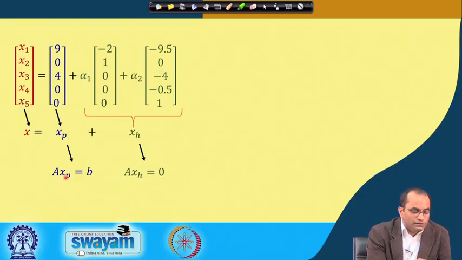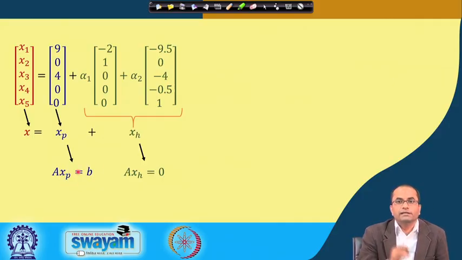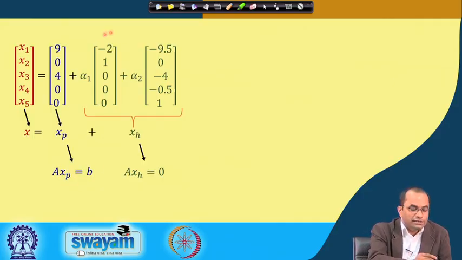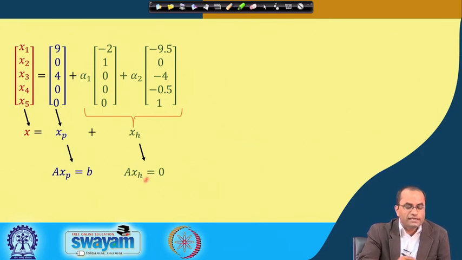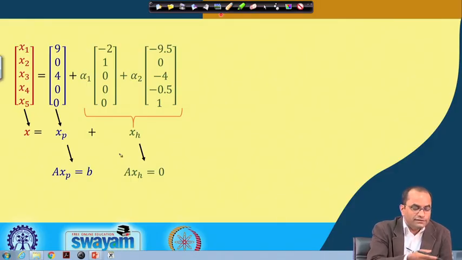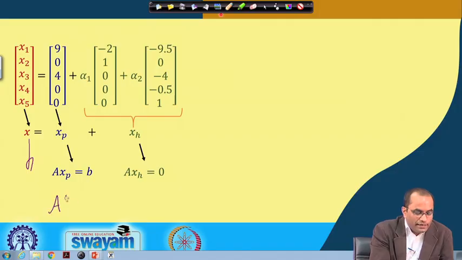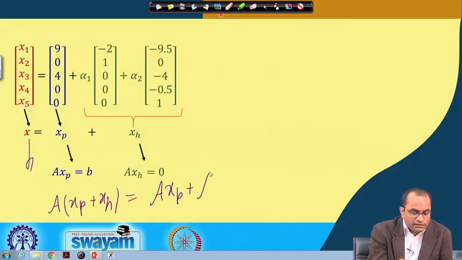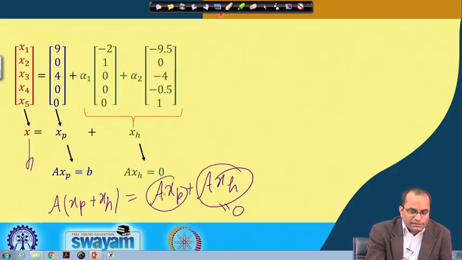So, here this is xp, the particular solution. If we substitute xp instead of x, Ax will give exactly b, the given system, and this part xh satisfies Ax equals 0. As a total also we have the solution, because x has two parts, a particular plus xh, and then we can use the product rule here: Axp plus Axh, and this is 0 anyway, and Axp will give b.